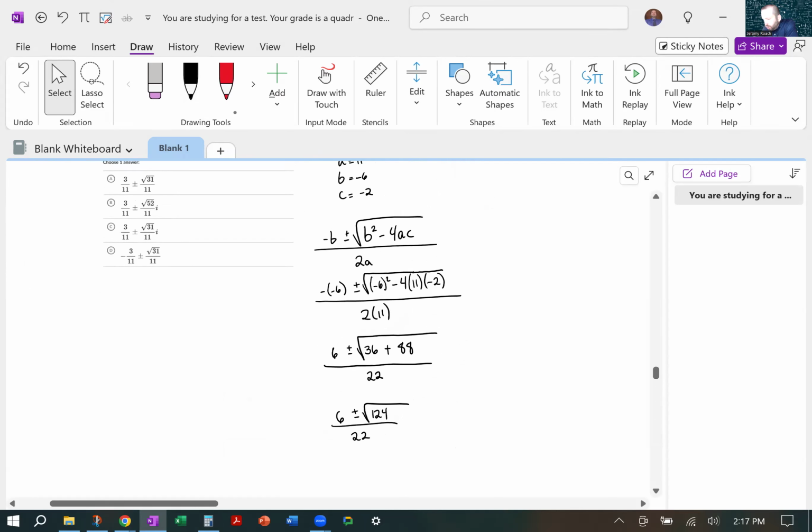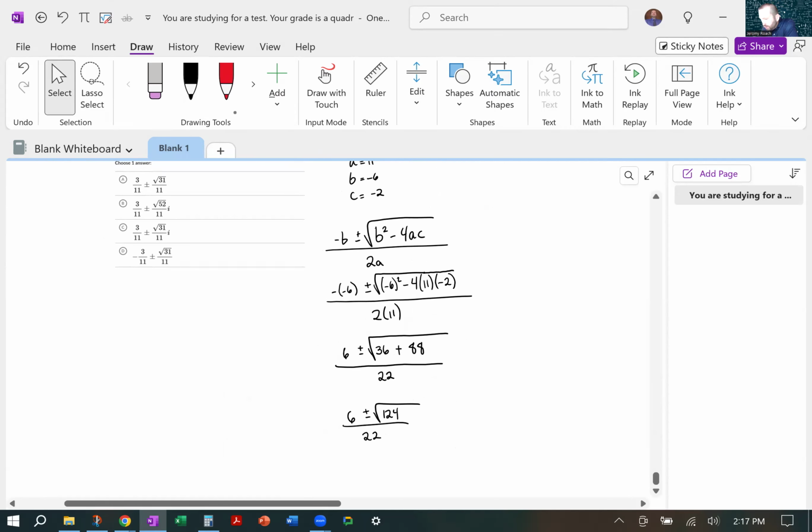Okay, so far I'm not seeing anything on here that shows us 124, but that might mean that we have to simplify things a little bit more. So hang on just a second here. Sometimes I make a slight mistake when I do the quadratic formula, so I'm going to double check that I did everything right. Okay, so everything looks good so far.